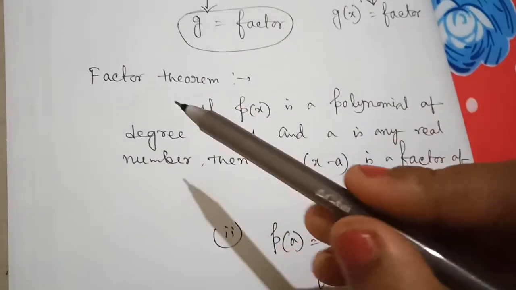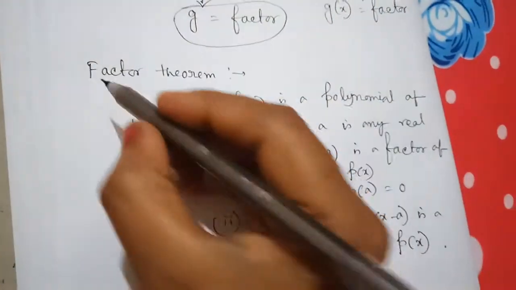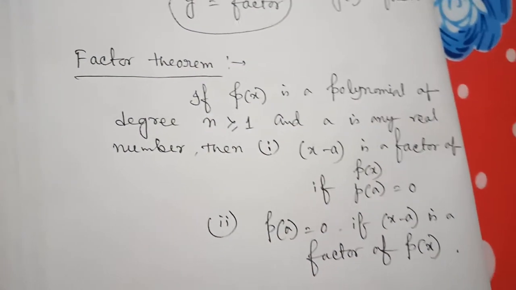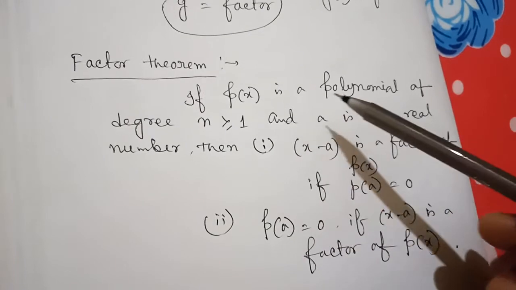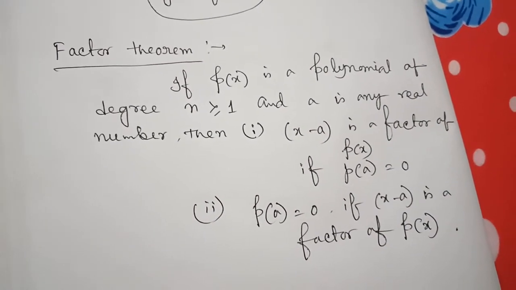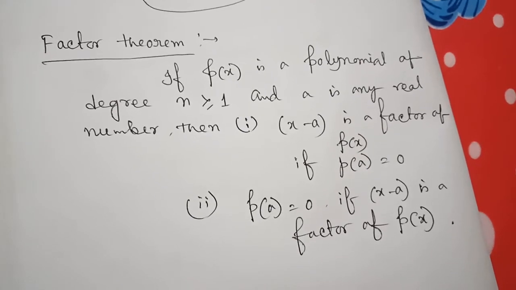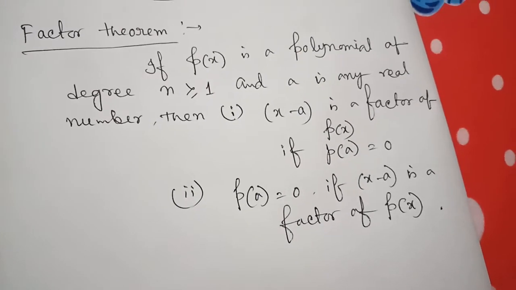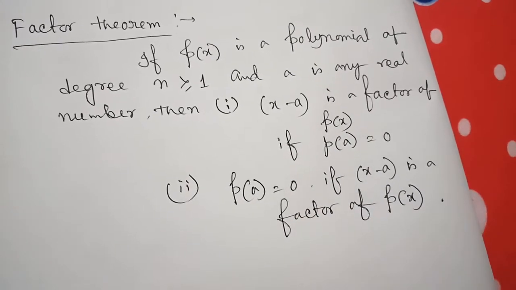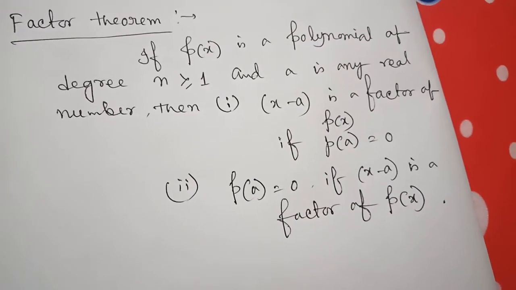So this is the factor theorem statement, the whole mathematical statement: if p of x is a polynomial of degree n greater than or equal to 1 and a is any real number, then x minus a is a factor of p of x if p of a equals 0, and p of a equals 0 if x minus a is a factor of p of x.